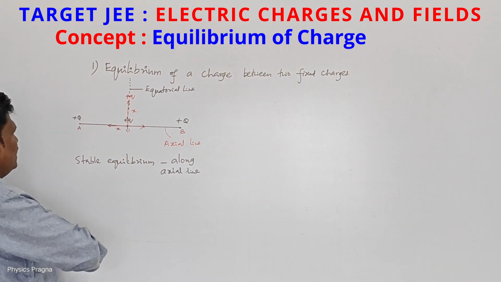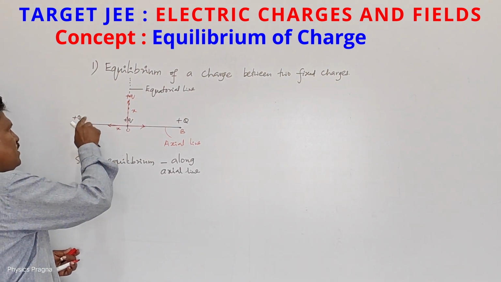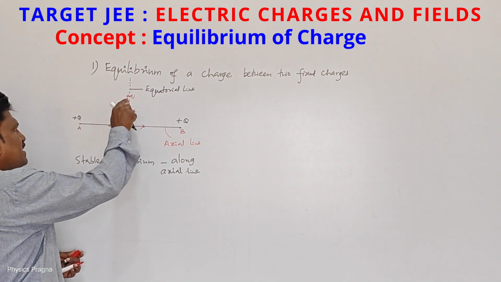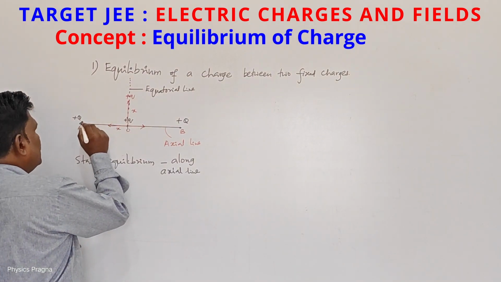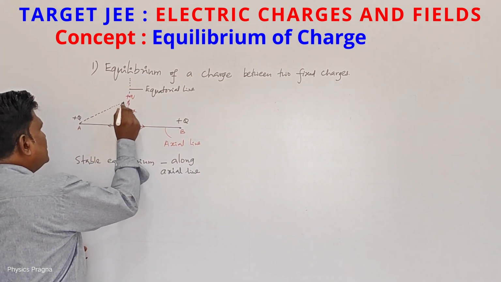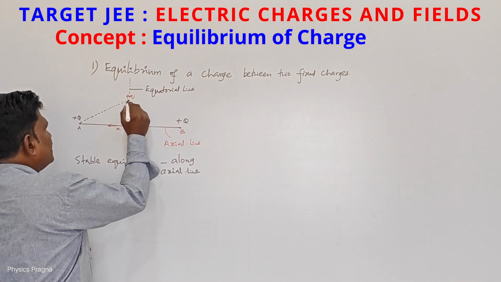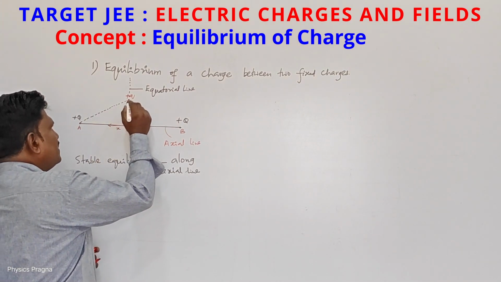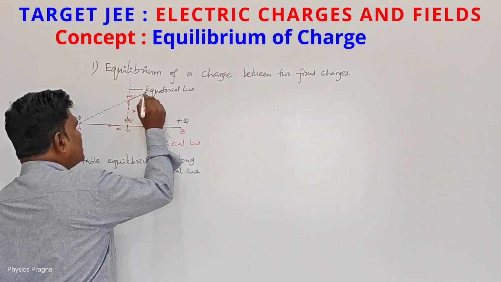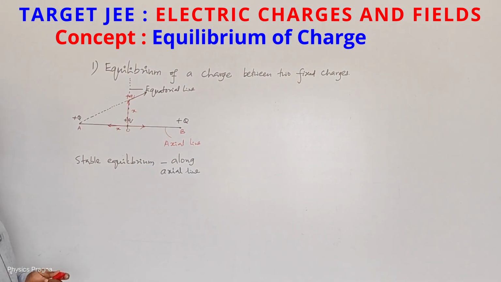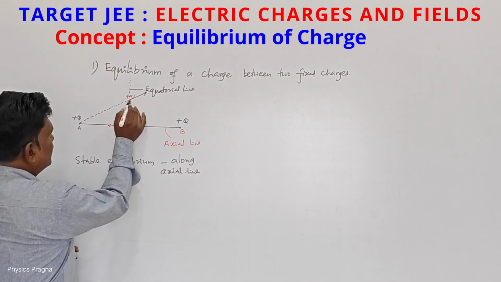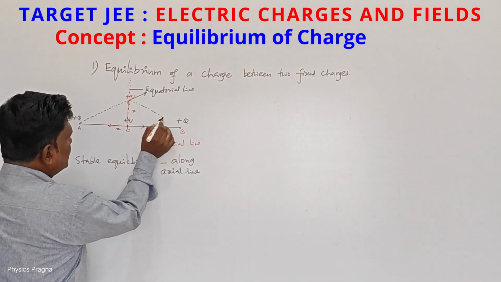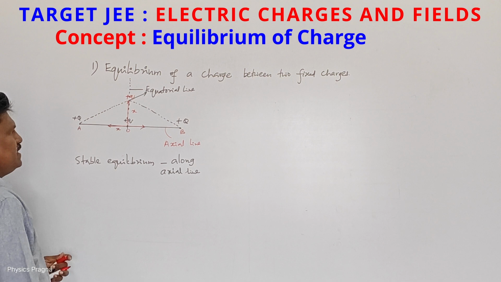Then what happens? This plus capital Q repels this plus small q along the direction of a central force, the direction which joins the positions of the charges. Here also, this is the line joining the two charges.